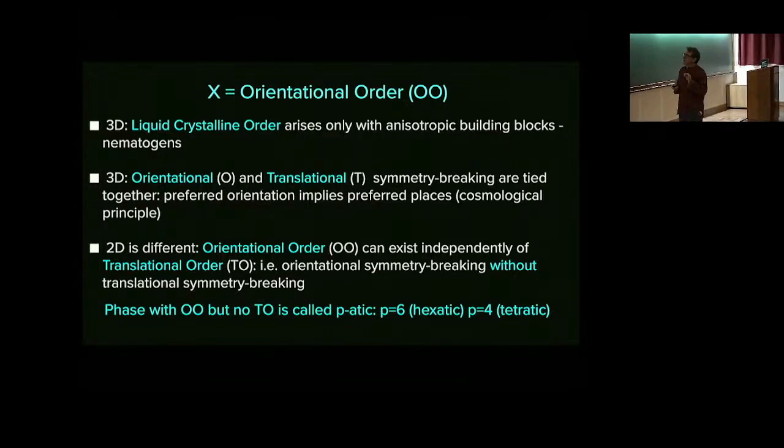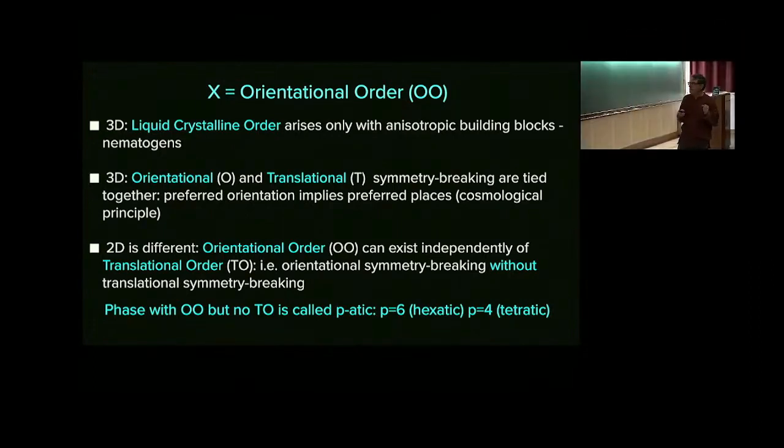Now, in 3 dimensions, if you want to break symmetries from the fluid state and generate orientational order, it tends to also break the translational order. In 3 dimensions, these are highly tied together, because if you orient, but look at it from any possible position, that changes the orientation.